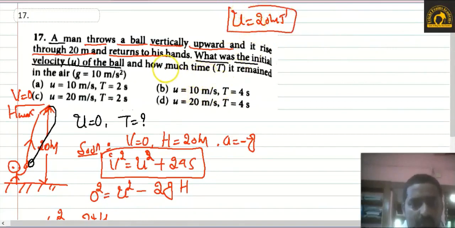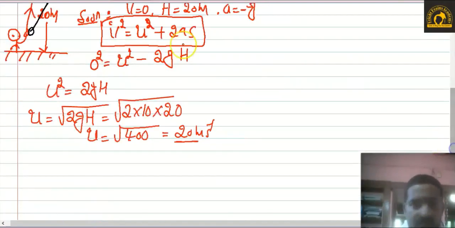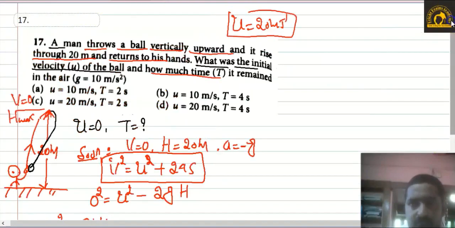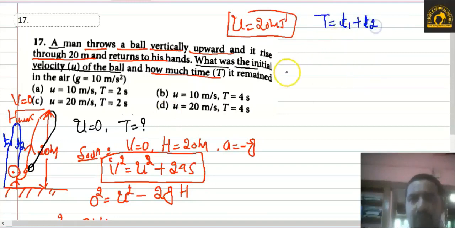Now the other question: how much time? Time means the first time, when the ball is thrown into the air, that is t1. Then the ball returns back to his hand, that is t2. Then T is equal to t1 plus t2. So that is called what?